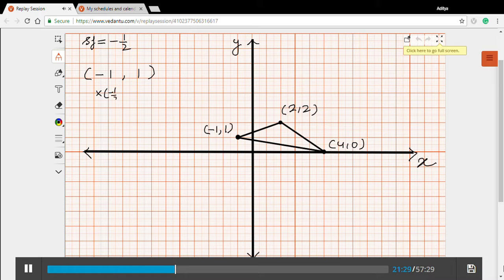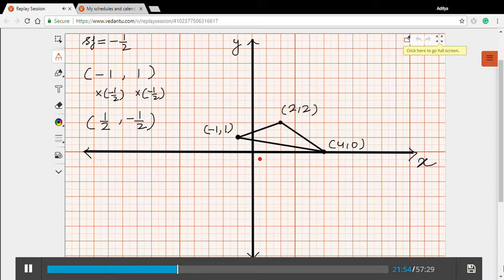So we get positive half, comma negative half. So it's 0.5, -0.5. So it will be somewhere here. Positive half goes over here and negative half goes over here. So we get a point somewhere here, right?